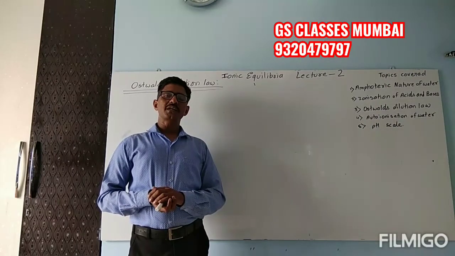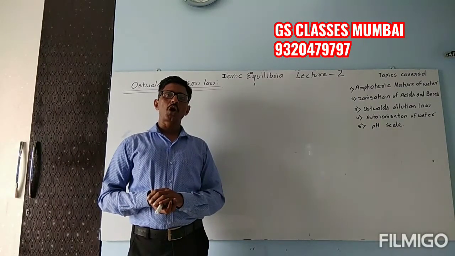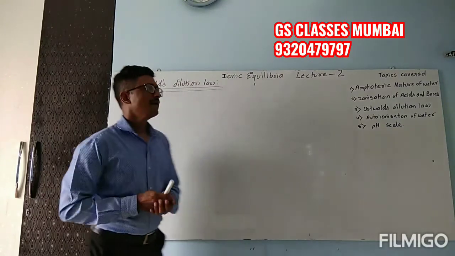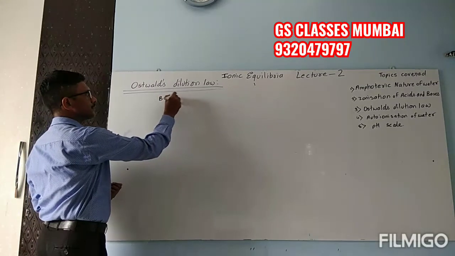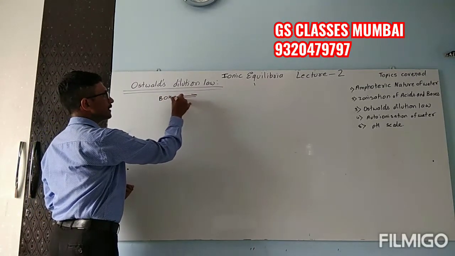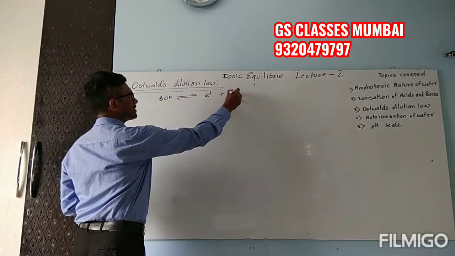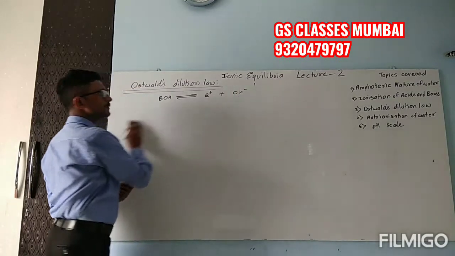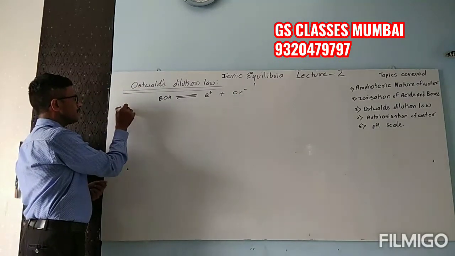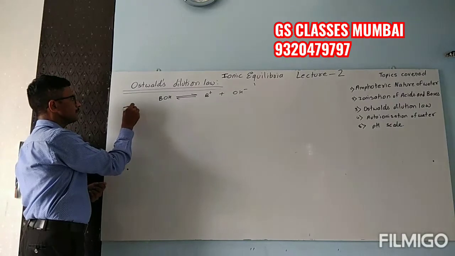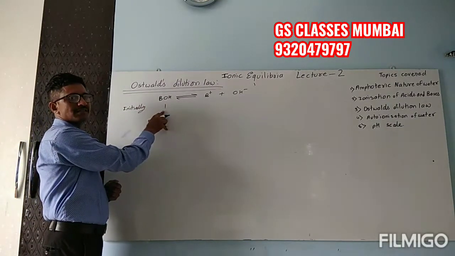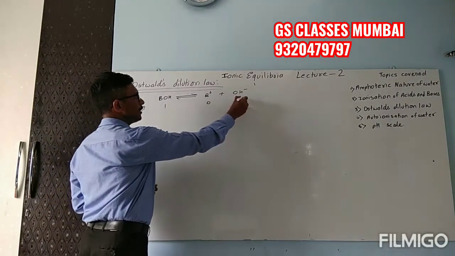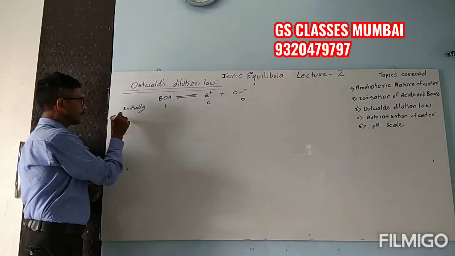Now we are going to see Ostwald's dilution law for the bases. Suppose I am taking an example of a base like BOH, which will split to form B plus ion and OH minus ion. Initially we have 1 mole of base, and ions will not be present at all.